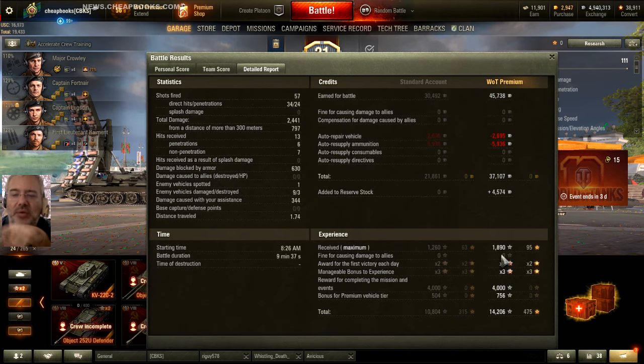What it's really doing: 1890 is your base plus the premium. Times 2 is 1890 plus 1890. Times 3 means you're getting 2 more 1890s. So you get 1, and then this one gives you a second one, and this gives you 2 more.